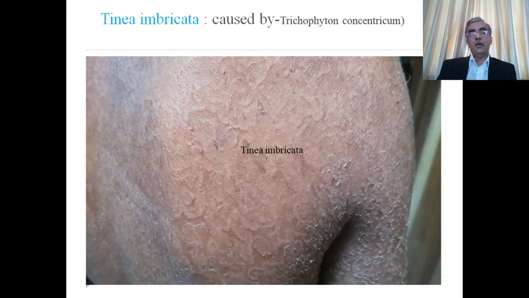And sometimes when topical steroids are used for treatment of the tinea, this kind of picture can be there, which is pseudo-tinea imbricata, which is not caused by Trichophyton concentricum. It can be caused by Trichophyton rubrum or Trichophyton mentagrophytes, but clinically, if steroids are used, the picture is altered, and it looks like tinea imbricata.